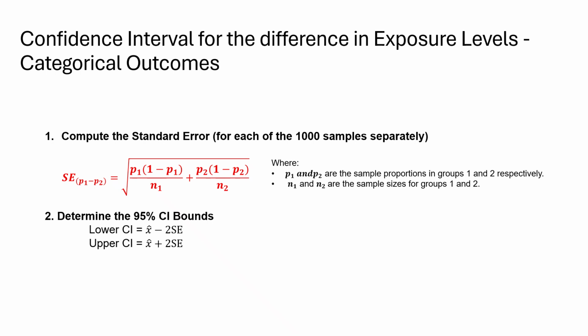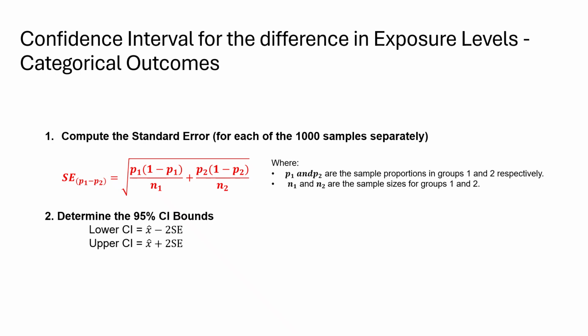It is the proportion of the risk, which is high blood pressure, divided by, in males for example, the number of males in that sample, and then the proportion of females who had high blood pressure divided by the total number of females in that sample.